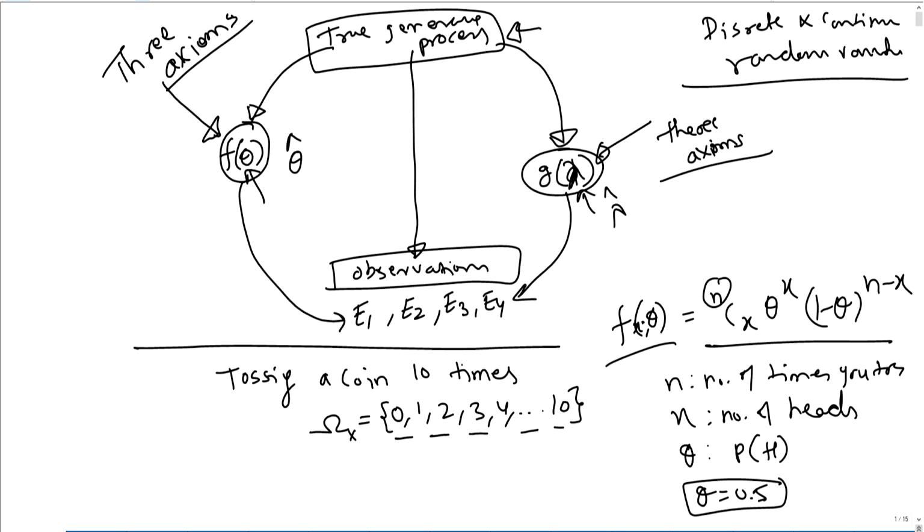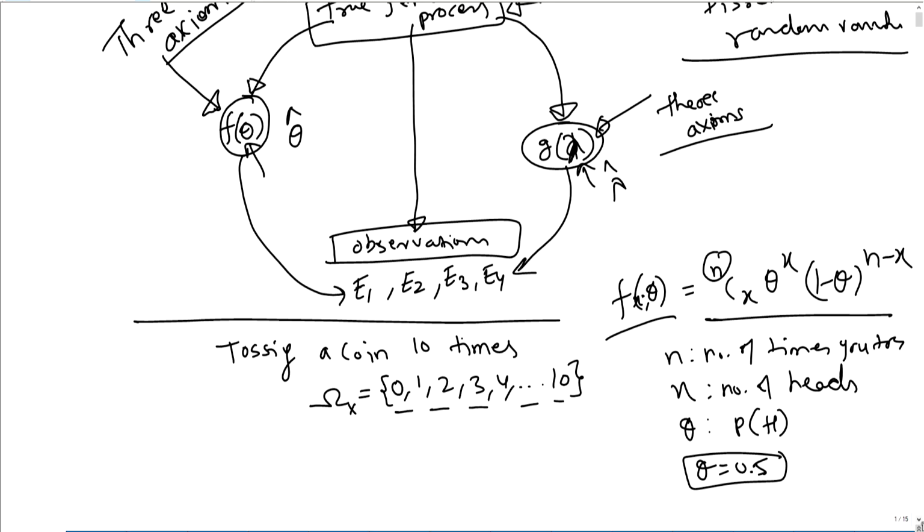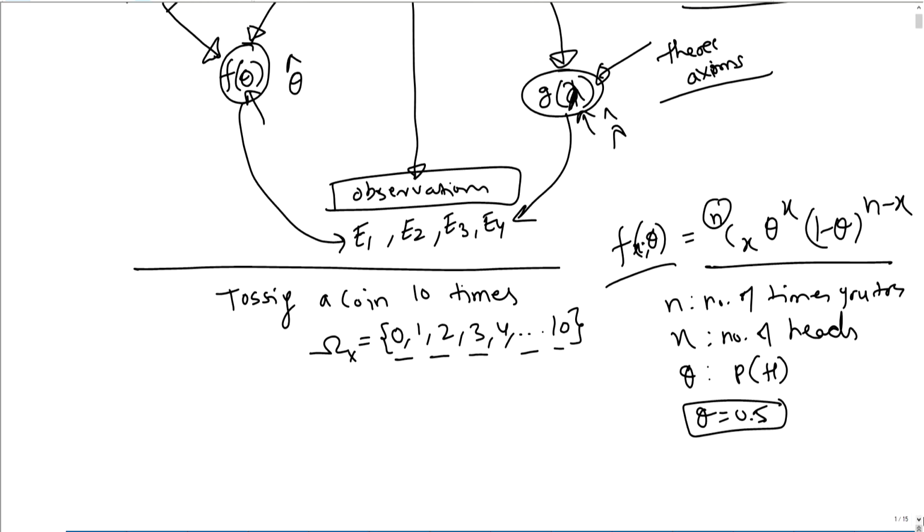Okay. So, one probability assigner function that we discussed yesterday was of this form, that you can define f of x theta such that the probability for x number of heads when you toss a coin 10 times is given by this: 10 chooses x, theta to the power x, 1 minus theta to the power 10 minus x.